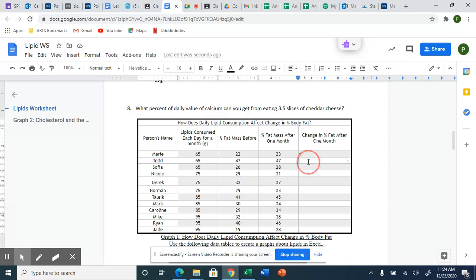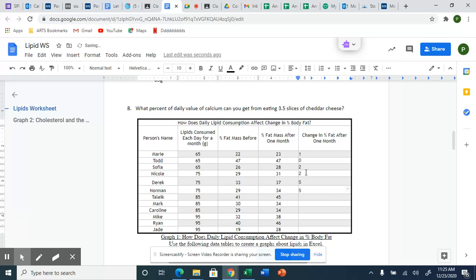The first one would be 47 and 47 is 0. 26 and 28 would be 2. 29 and 31 is 2. 33 to 37 would be 5. 29 to 34, is that 5 also? 30, 31, 32, 33.